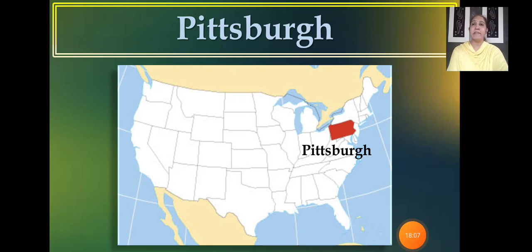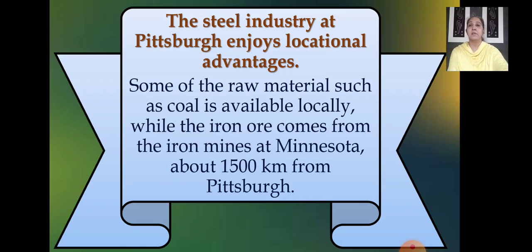Now, where is Pittsburgh? It is an important steel city of the United States of America. The steel industry at Pittsburgh enjoys locational advantages. Okay, now see, as we learnt about TISCO, why that place was chosen for the plantation of TISCO, similarly here also in Pittsburgh, the steel industry enjoys locational advantages.